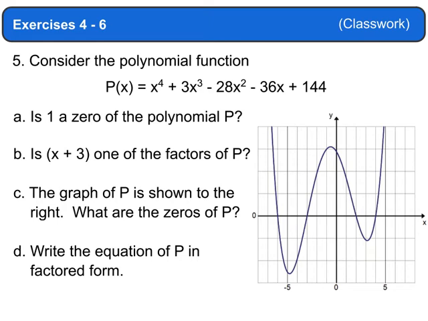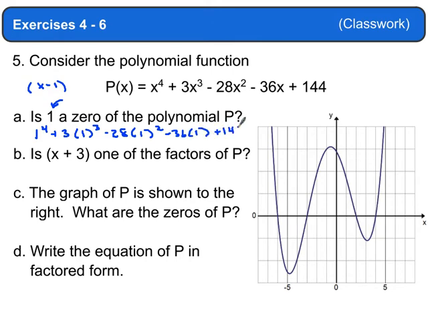So let's say we consider the polynomial function this one. They want to know, is 1 a 0 for the polynomial? So algebraically, if we tested that algebraically, that means the factor that we're considering is x minus 1. So we would just plug in, and we would say 1 to the 4th power plus 3 times 1 to the 3rd power minus 28 times 1 squared minus 36 times 1.